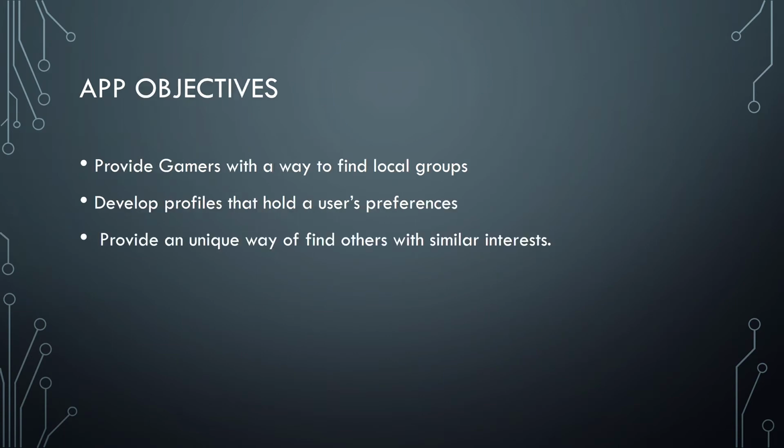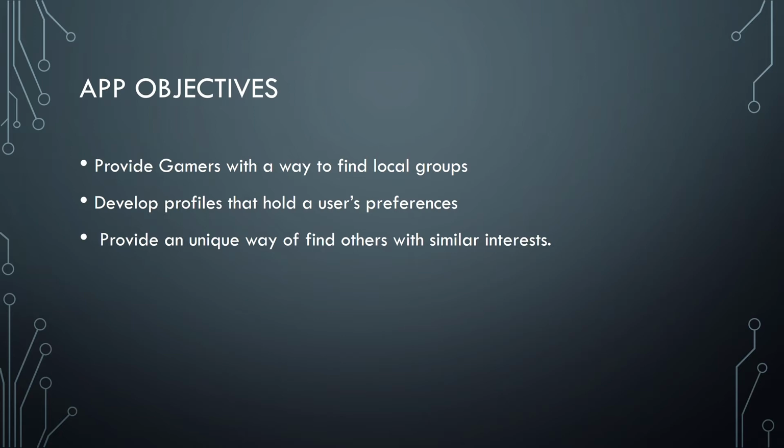Like I said, one of our primary objectives is to provide gamers with a way to find local groups. That way, they can actually find people near them that hold similar interests.